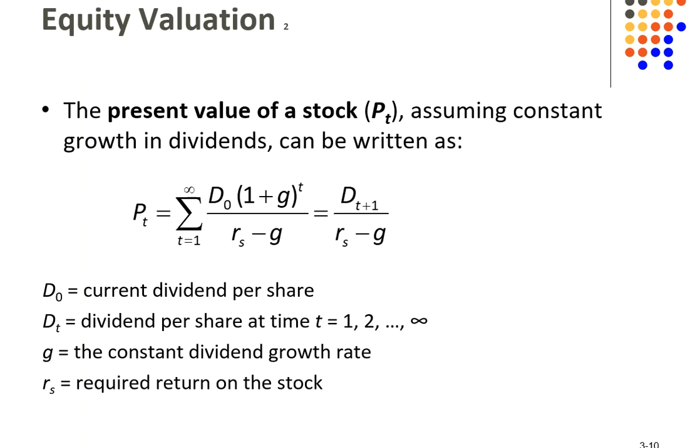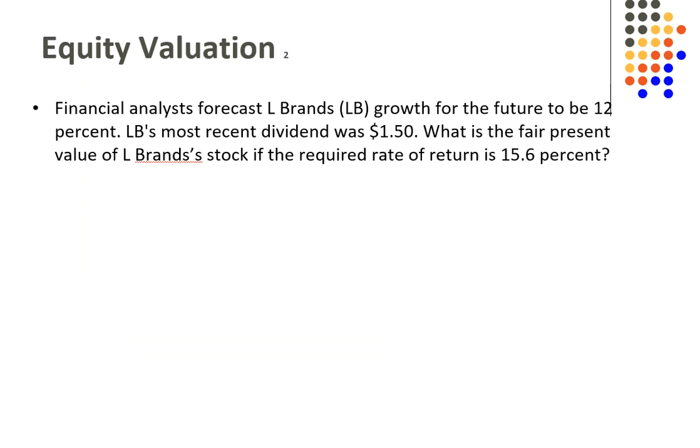We assume dividends will grow at a constant rate in the future, in which case the sum of all future cash flows or dividends can be condensed to the simple formula D1 over R minus G. Again, the price at time 0 would be the dividend at time 1, one period in the future, divided by our required rate of return minus our estimated growth rate.